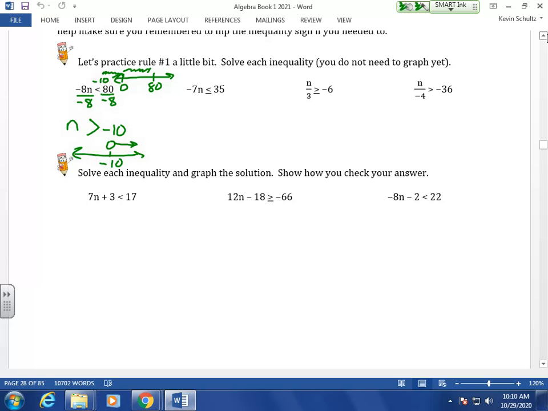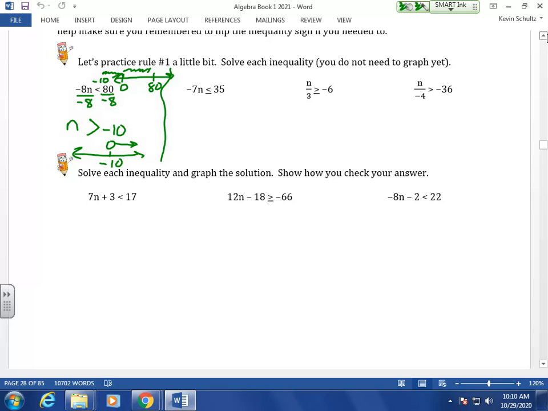It's an open circle because it's just greater than, and it's going to the right. When we multiply or divide by a negative number, the side of 0 we're on switches, so the inequality symbol must switch as well.